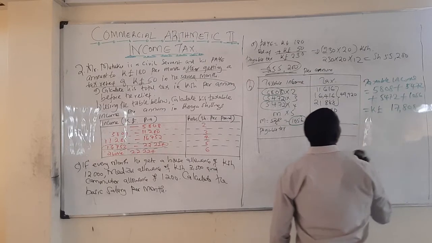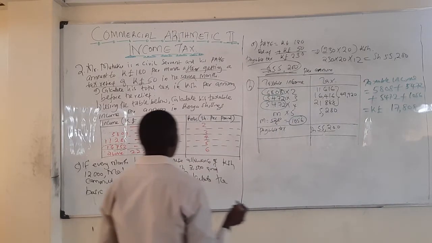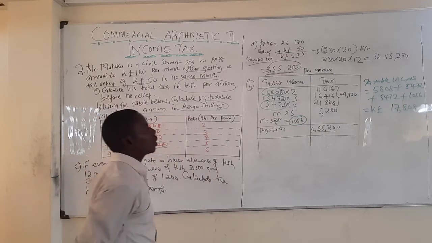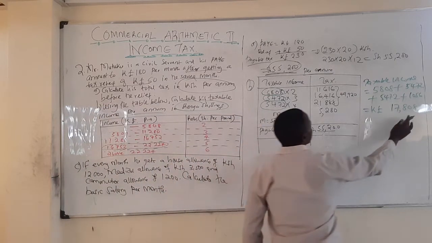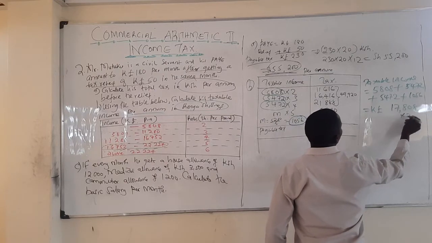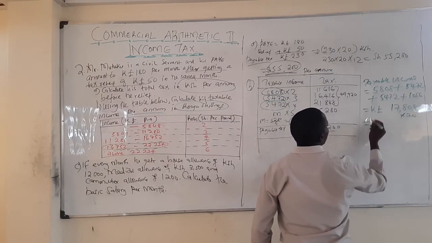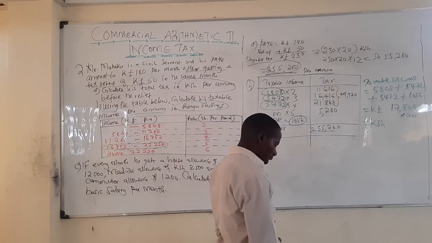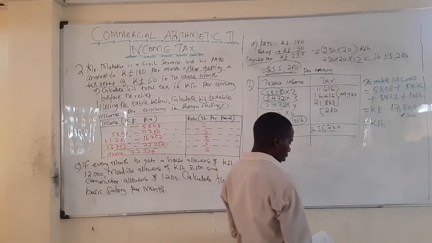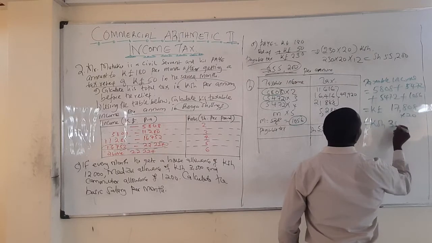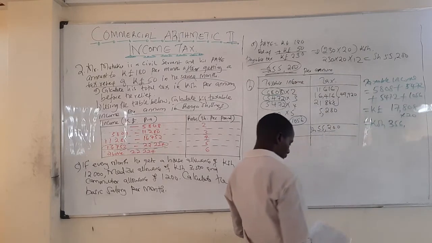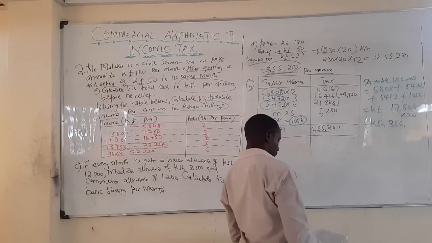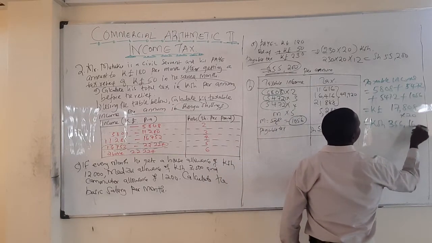Now, our question says that we give in Kenya shillings per annum. So you convert this to Kenya shillings by multiplying it by 20. 17,808 times 20, you get 356,160.